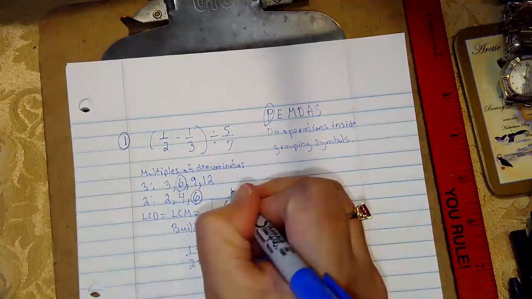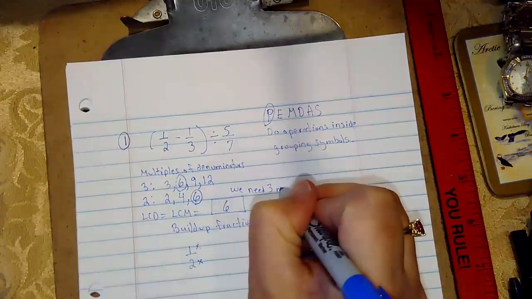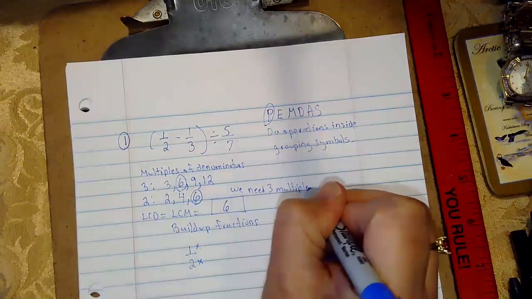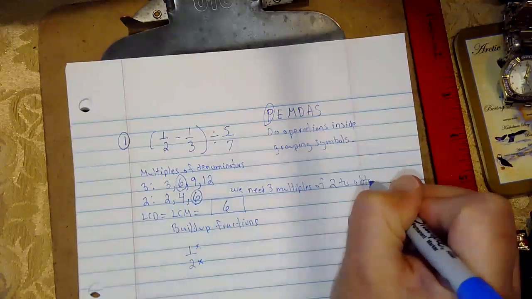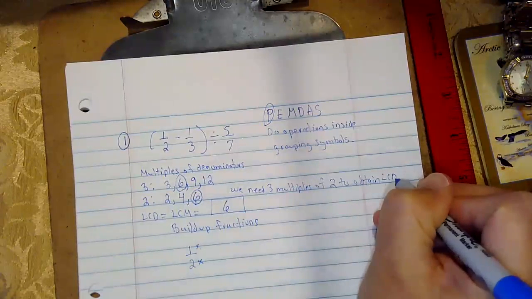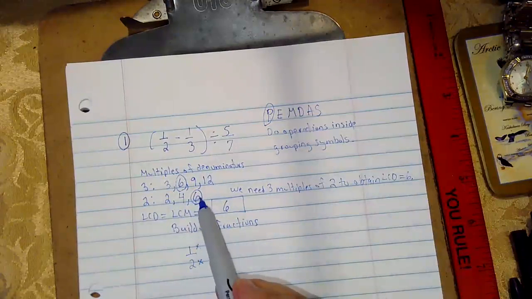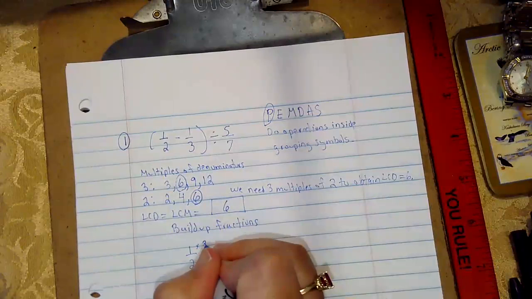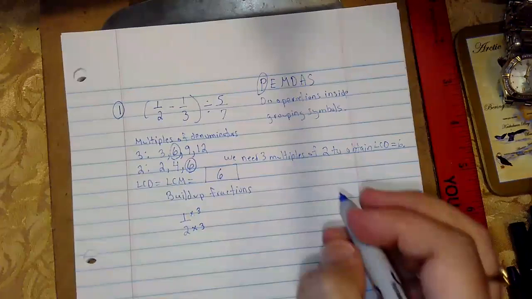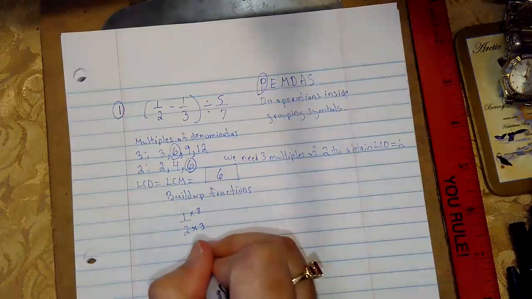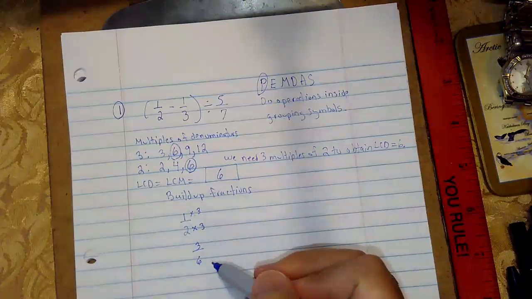So we need 3 multiples of 2 to obtain the LCD of 6. That's why I'm going to multiply this fraction by 3. Then 1 times 3 is 3, and 2 times 3 is 6. So 1/2 becomes 3/6.